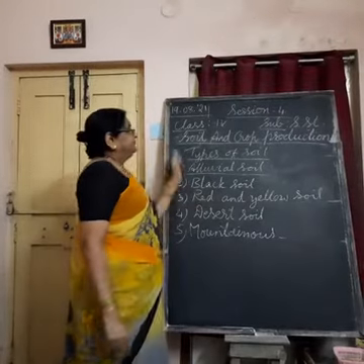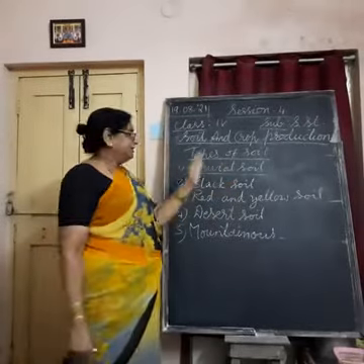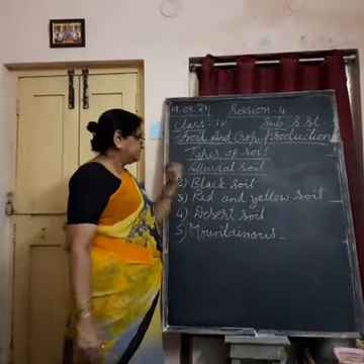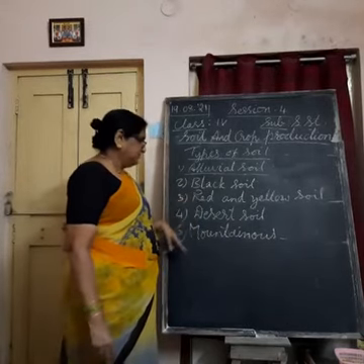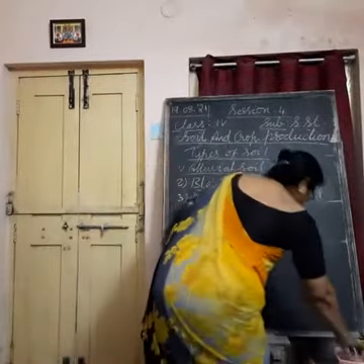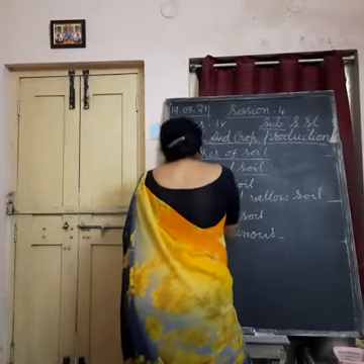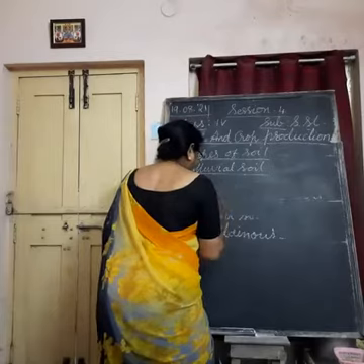So different types of soils found in our country are 5. They are alluvial soil, black soil, red and yellow soil, desert soil, mountainous soil. So now we are going to see where we find the alluvial soil.